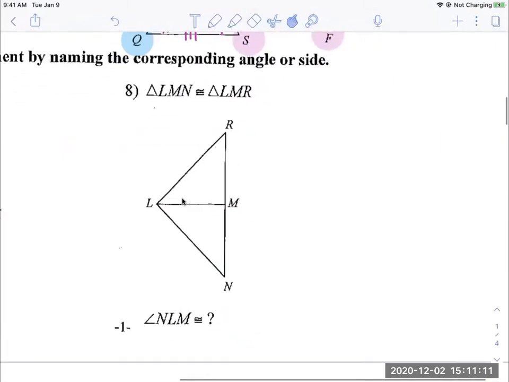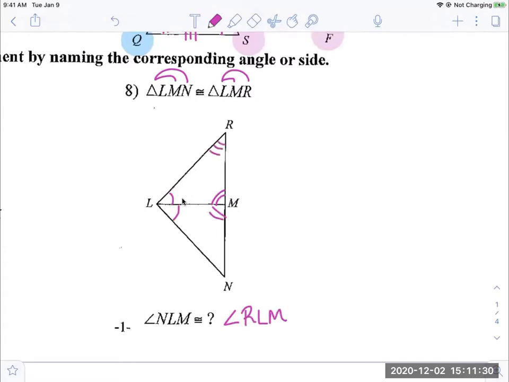And then for this one, angle NLM should be congruent to angle RLM. So L matches with L, M matches with M, and R matches with N. So N, LM, and RLM. That makes sense.